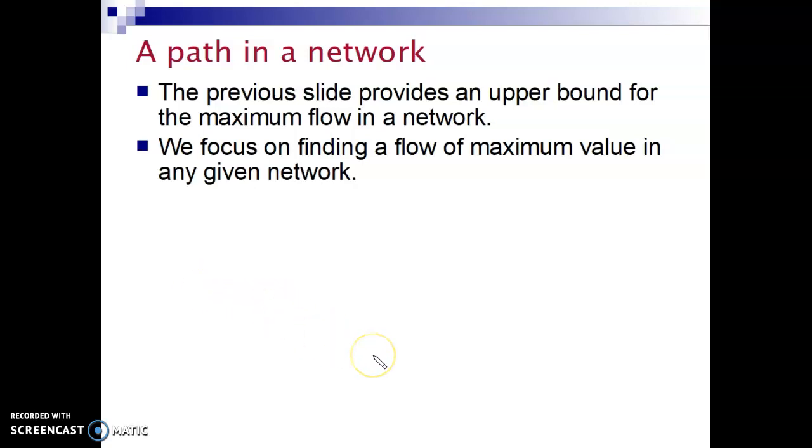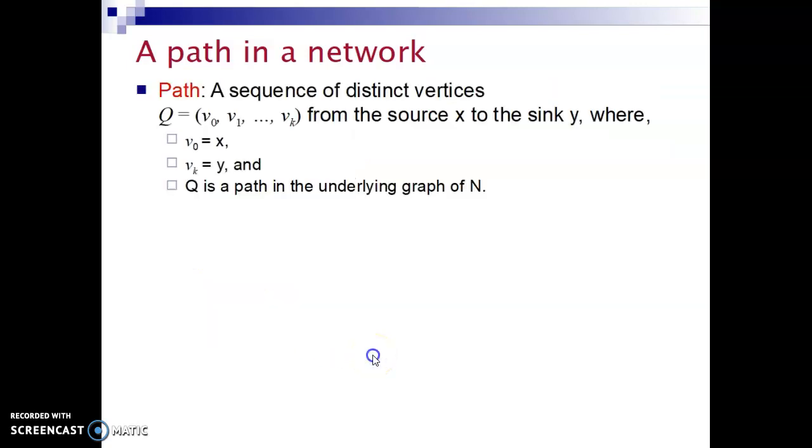How do you assign flows? Let's define the path first. Now this path definition is different than what we have defined as path in general networks. A path in a network is a sequence of distinct vertices.